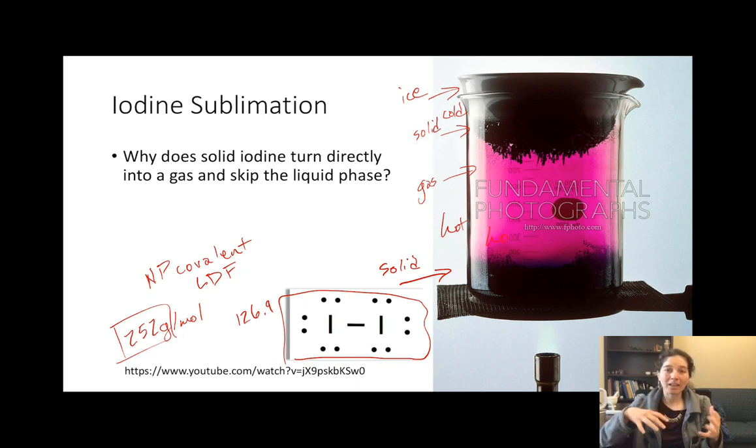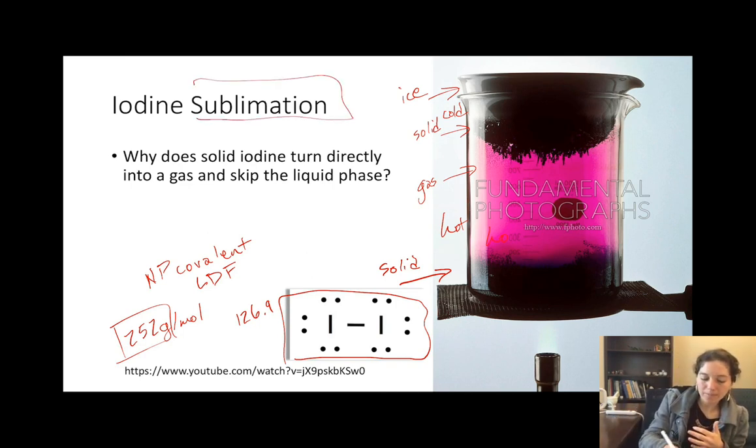So relatively speaking, it doesn't require very much energy for it to turn into a gas, but it also does require a decent amount of energy. And because it's kind of in between there, it's really heavy, but it also has really weak intermolecular forces, it goes through this phenomenon of sublimation and deposition. So deposition is where it's going directly from a gas to a solid.